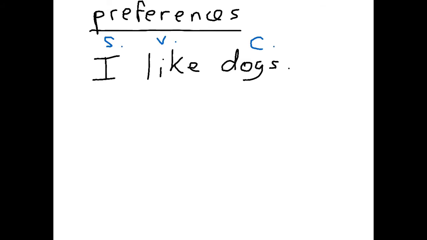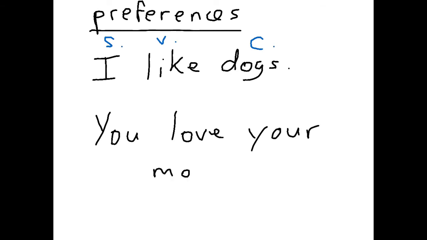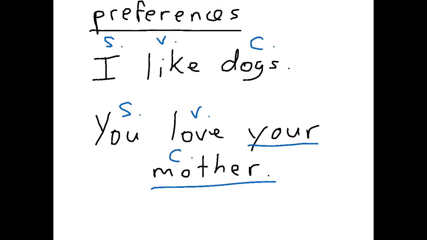I am talking about a preference of mine, so I use the simple present. You love your mother. Again, same thing. Subject, verb, and complement. And again, this shows a preference.